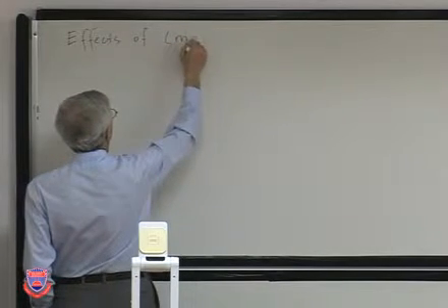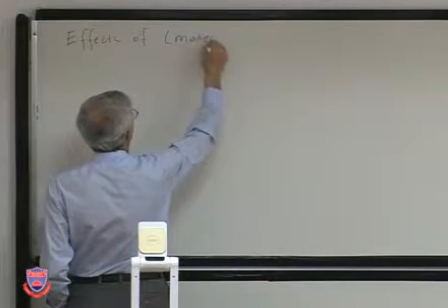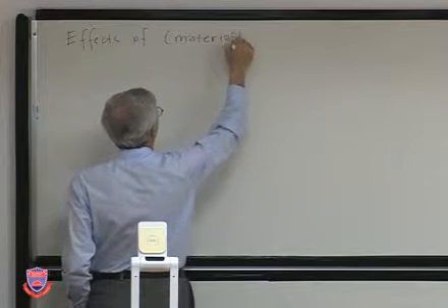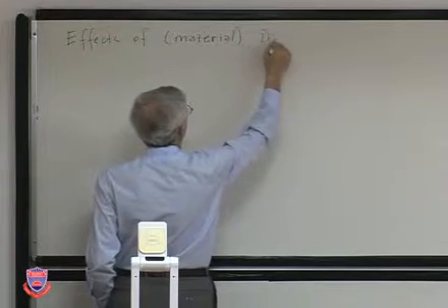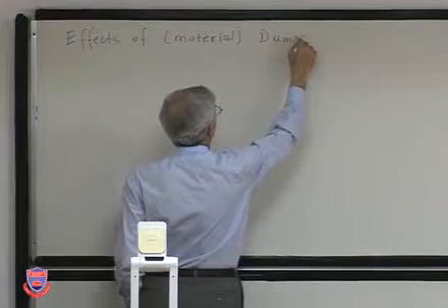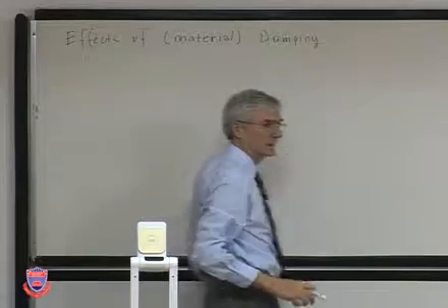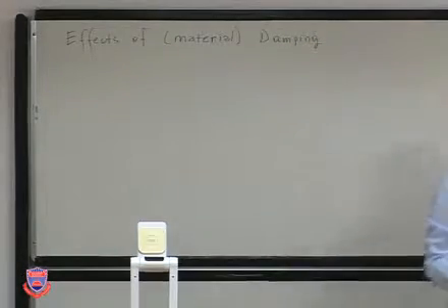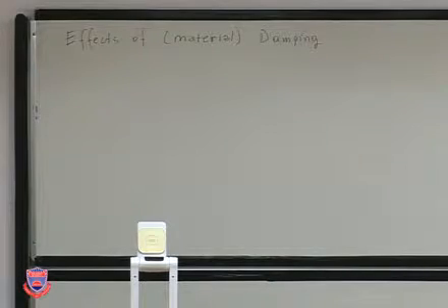In this case, let's make sure we are clear about damping. There are, of course, all sorts of mechanisms of damping, okay? What does damping mean? How do you understand damping?